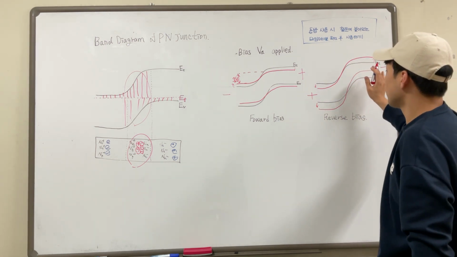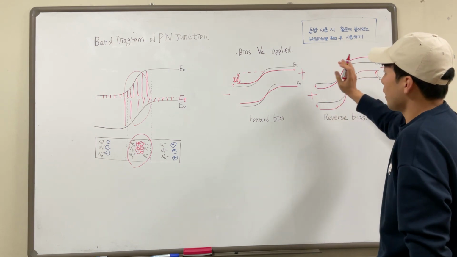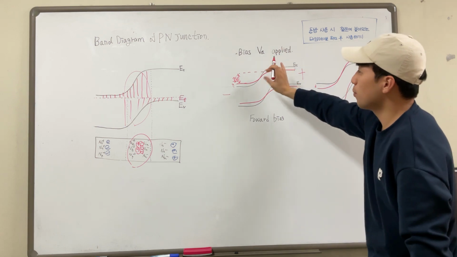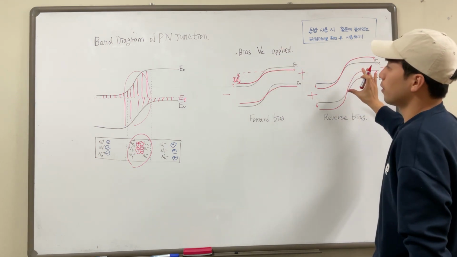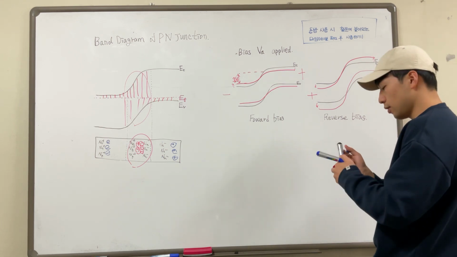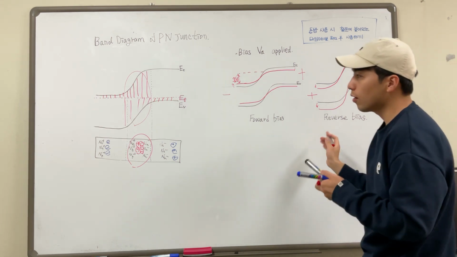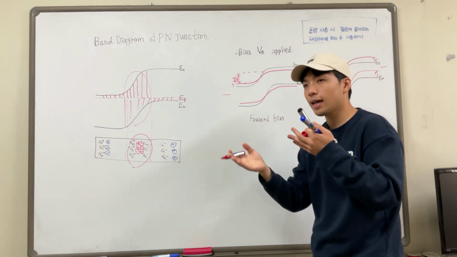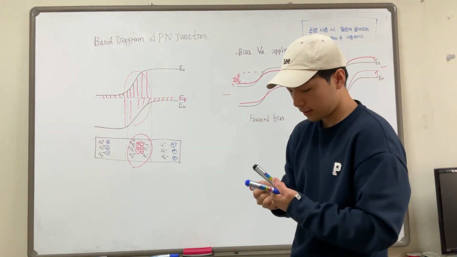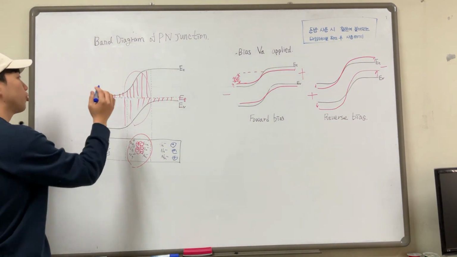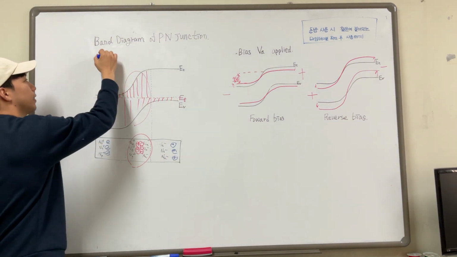It means that for forward bias and reverse bias, the junction voltage will be smaller and larger, respectively. Now I will talk about this graph in terms of the Boltzmann tail. In the equilibrium state, we draw the Boltzmann tail like this.